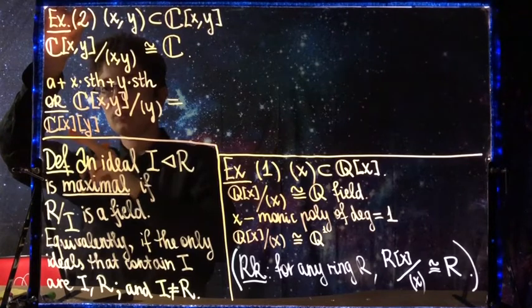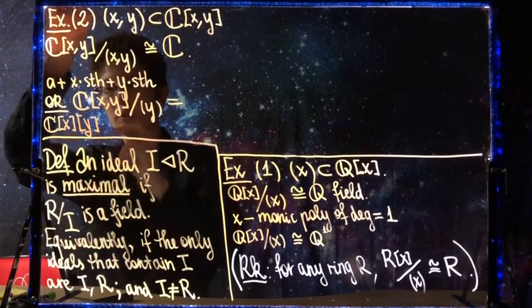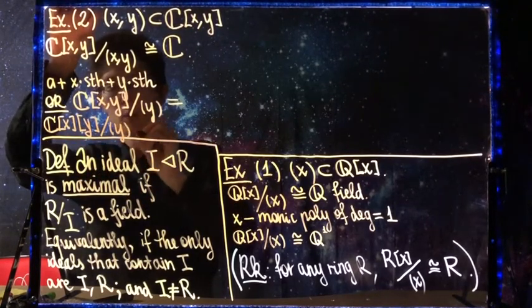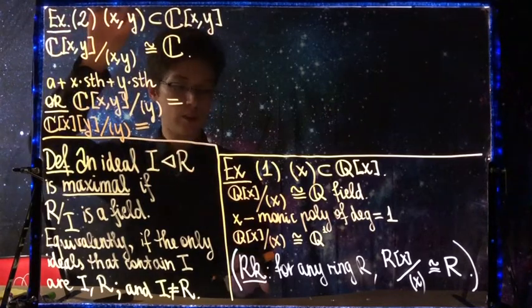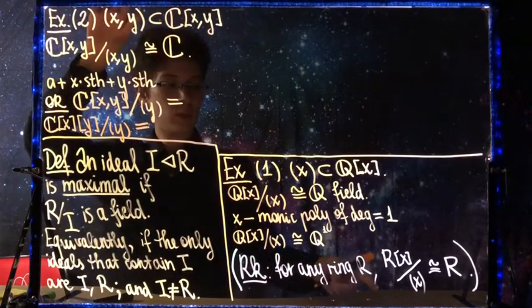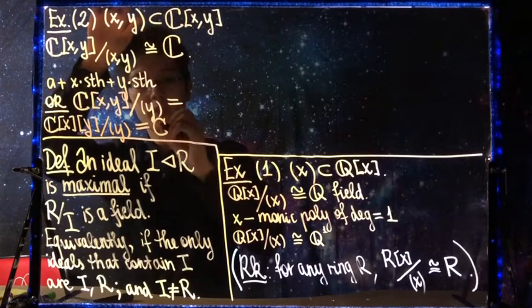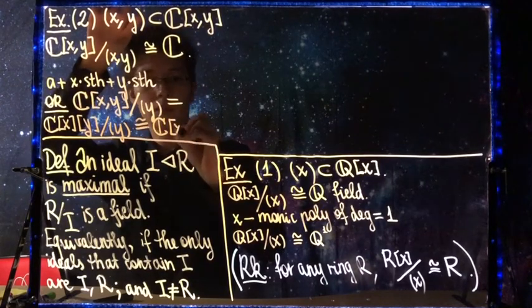So we take polynomials in x and polynomials in y, mod out by y. And by this blue remark down here, this is isomorphic to C[x].